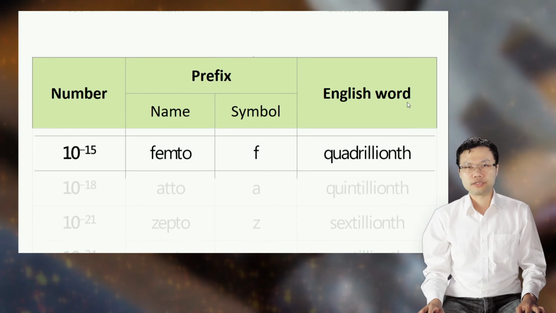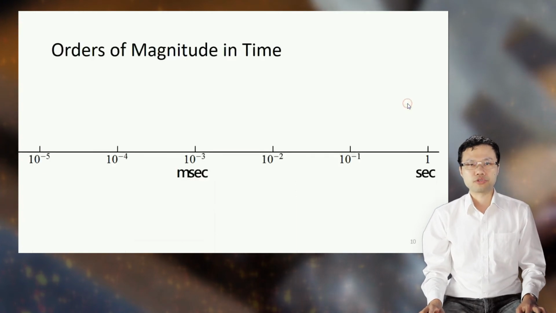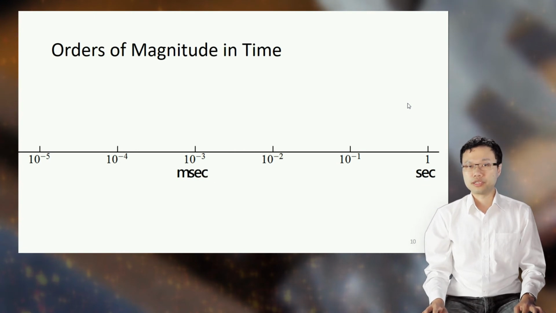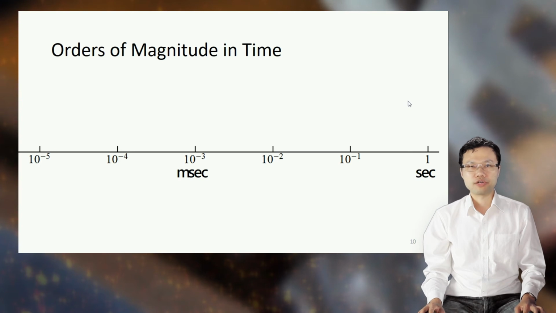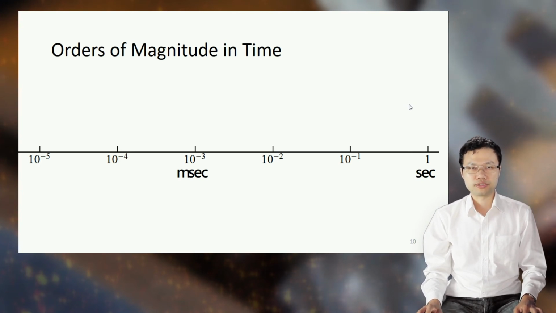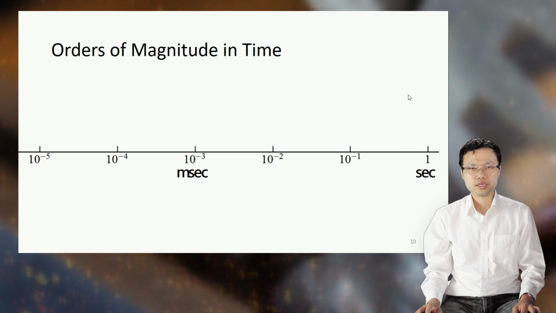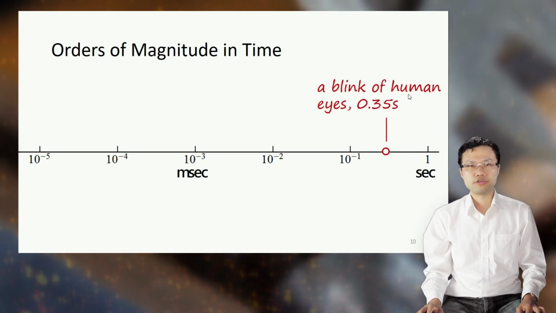We have completed the introduction of the metric prefix. In the following, I would like to provide you an example and show you how to describe events on various time scales by using metric prefix. First, let's look at short events. A typical blink of human eyes takes 0.35 seconds.